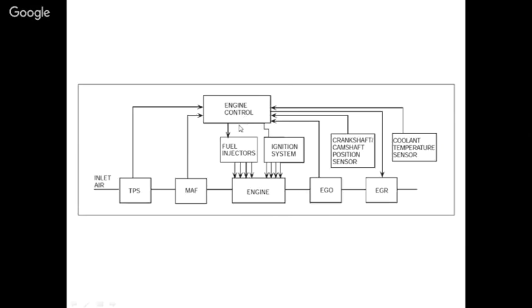The electronic control unit then accordingly drives the fuel injectors, the ignition system, and the exhaust gas recirculation valve if it is present. So the ECU gets first-hand information from the sensors, and based on that information and the logic in its memory, it drives the various actuators.